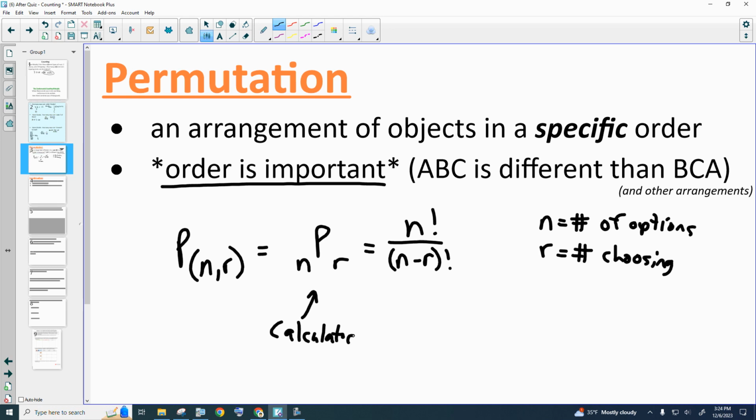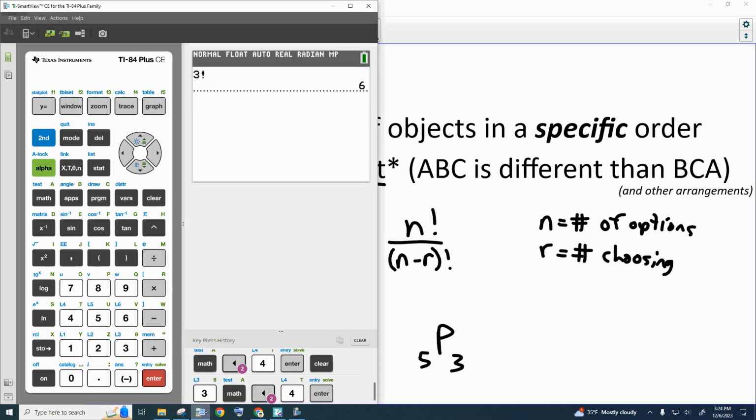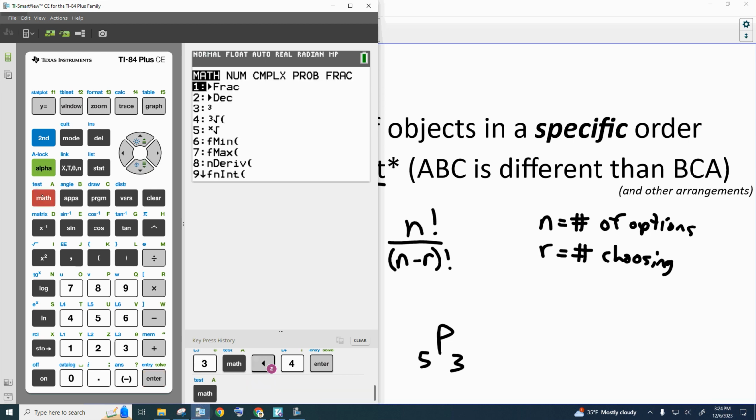So let's go back to our other one, we had five books, we wanted to choose 3. On my calculator, which I'm going to show you now, we can go back to our math, go over to probability, go down, you can see there is nPr and nCr.